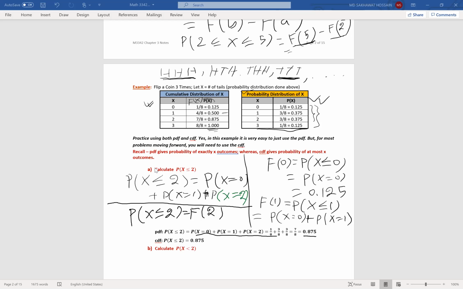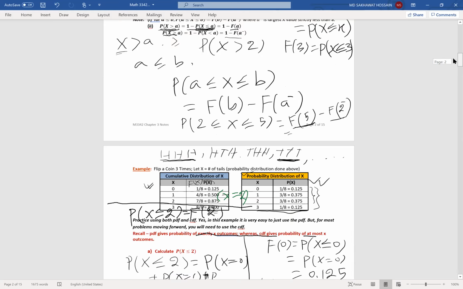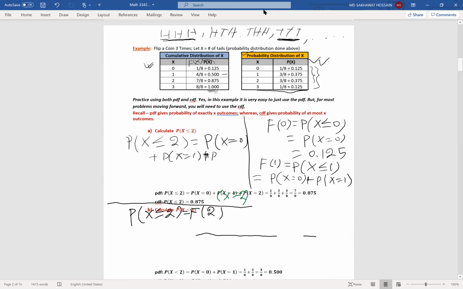Okay, so for the probability of X less than or equal to, you can use the PMF or you can use the CDF.